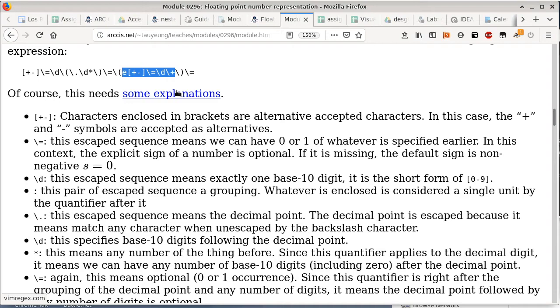If you can specify a regular expression, that's it. You don't need to write your own code for checking the syntax. You can just specify the pattern and have the regular expression engine in the scripting language check it for you.